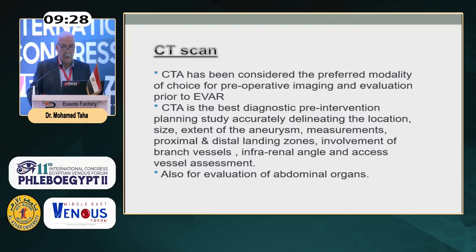CT is the best diagnostic pre-intervention planning study, accurately delineating the location, size, and extent of the aneurysm, measurement of proximal and distal landing zones, involvement of branch vessels, infrarenal angle and access vessel assessment, and also evaluation of all other abdominal organs like liver, spleen, kidneys, para-aortic area, ascites, and so on.